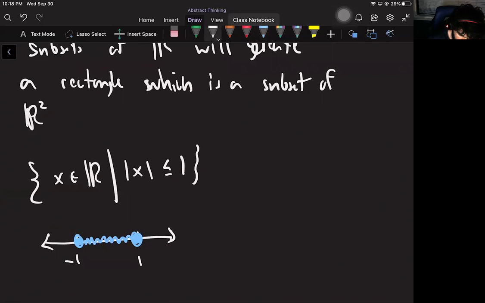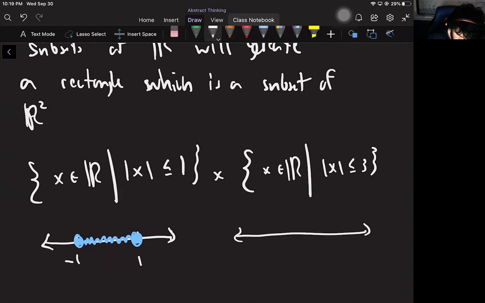And if I product that with another interval, so this is just the set of numbers between -3 and 3.